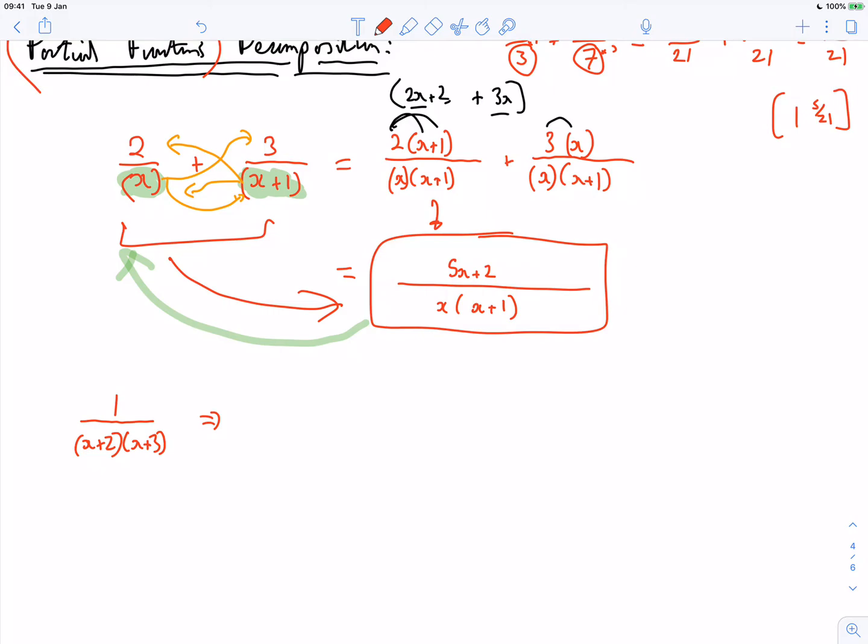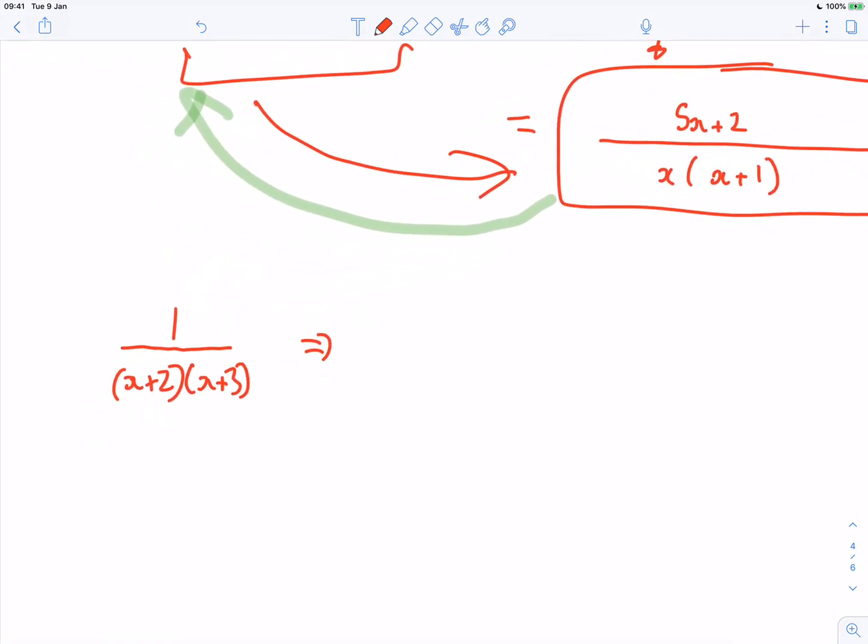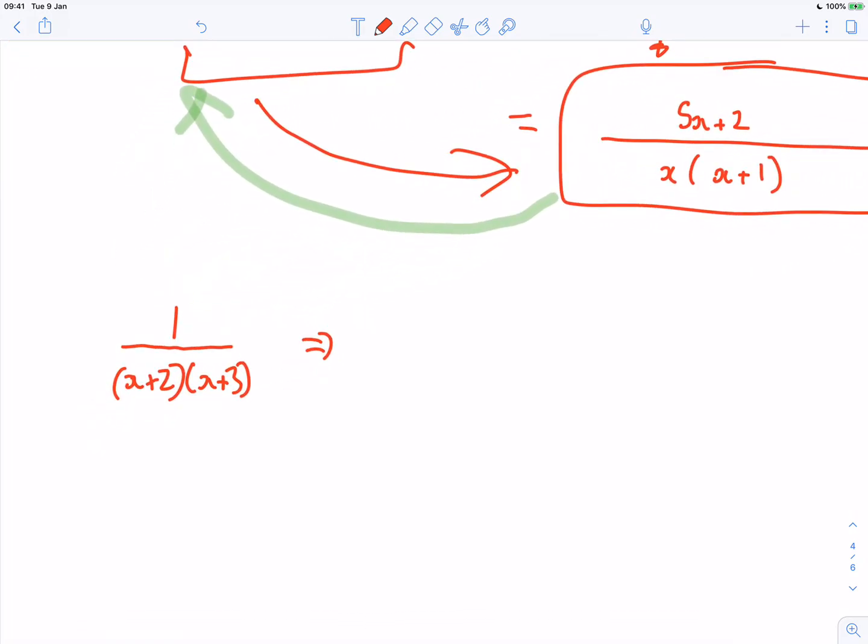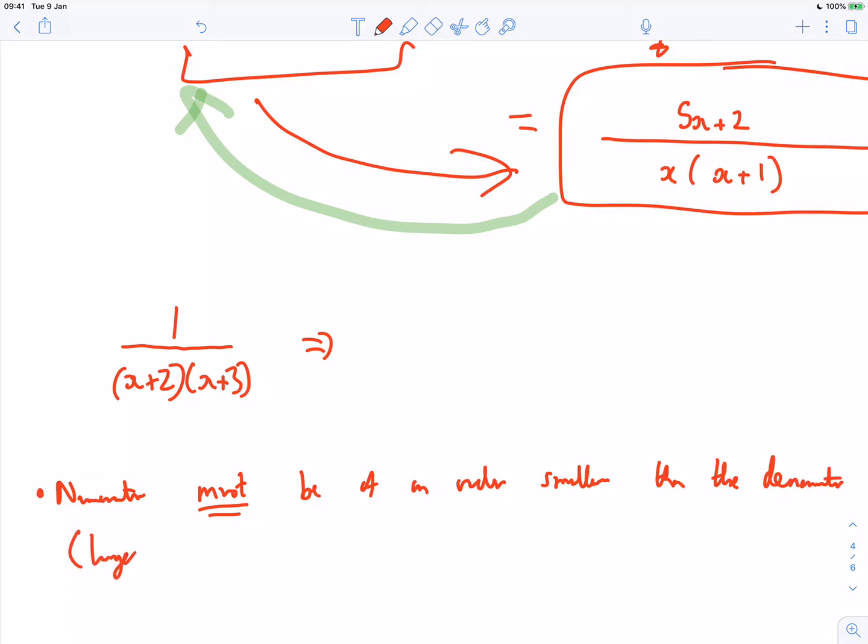Okay, this is really easy to do. Rule number 1 is the numerator must be of an order smaller than the denominator, and it has to be the largest possible.